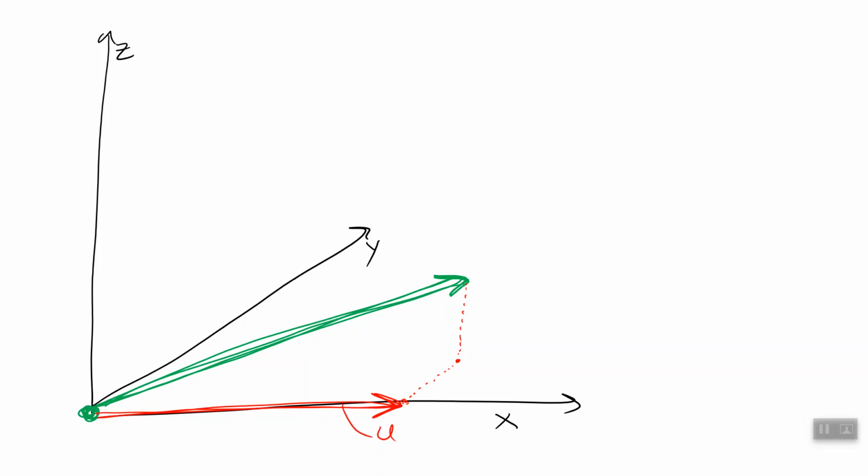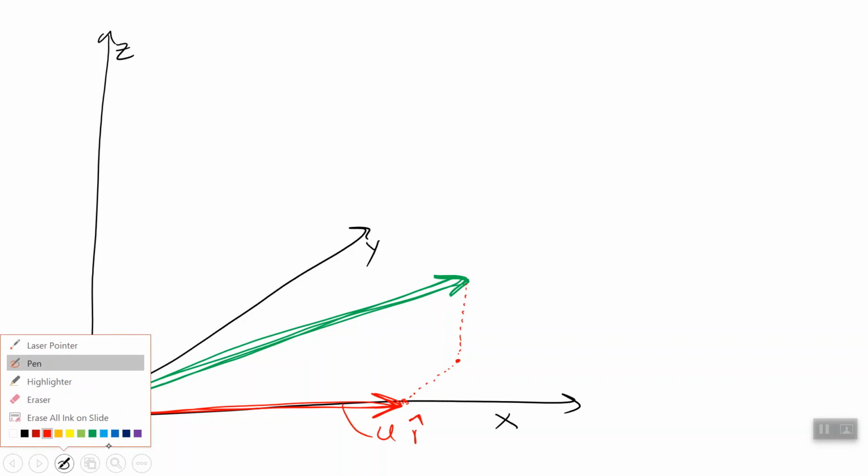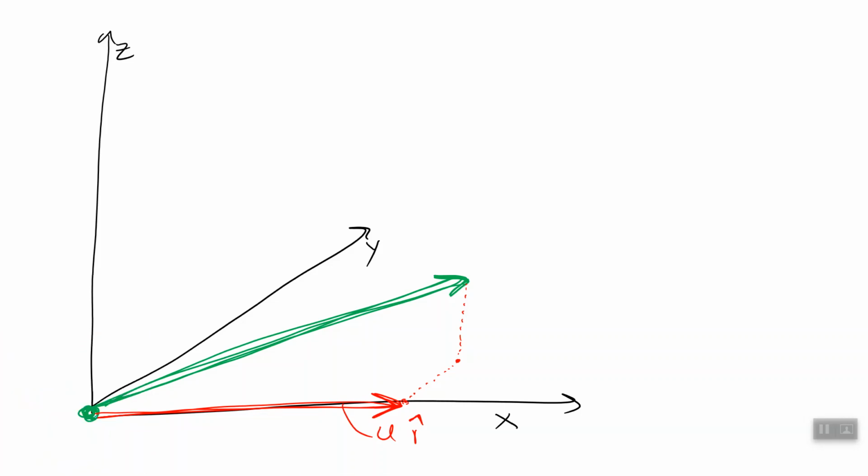So this would be u, and it's multiplied by I hat, because I hat, let's do this in blue, I hat is a vector pointing exactly in the x direction. So u gives us the quantity, I hat gives us the direction, and they are parallel. And I hat is 1, so it doesn't affect the quantity. Pretty cool, right?